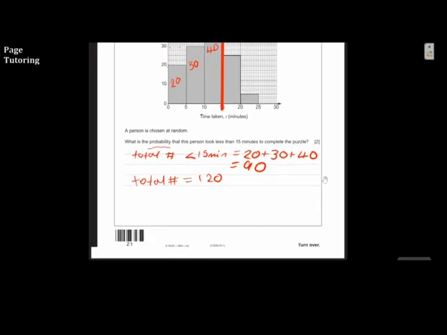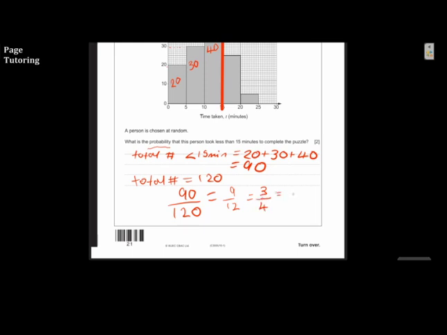So now we're going to write this as a fraction. So out of 120 people, we had 90 of them finish in less than 15 minutes. So now we're going to simplify this fraction. So you can make that 9 over 12, make that 3 over 4, and that's the simplest form.